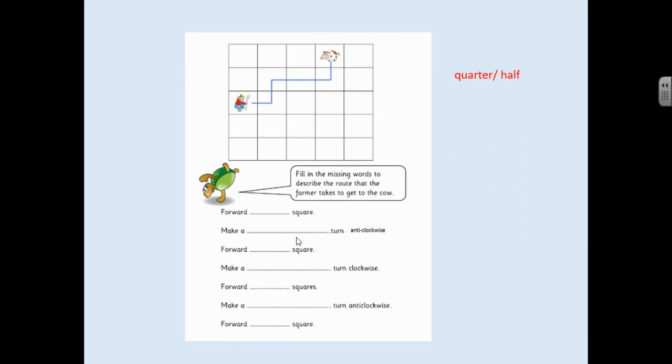On the sheet there was a mistake. It said clockwise instead of anti-clockwise. I have changed it, but if you print out the worksheet and it hasn't got that, can you please cross it out and write anti-clockwise for it?